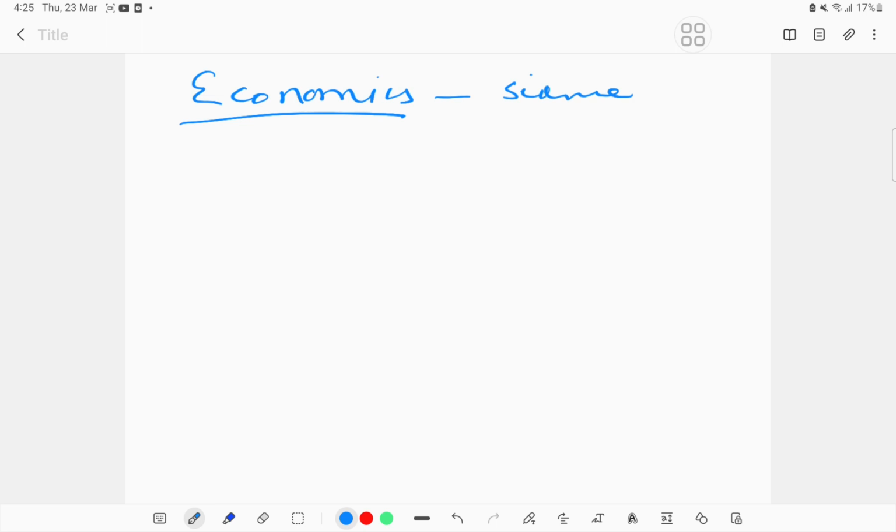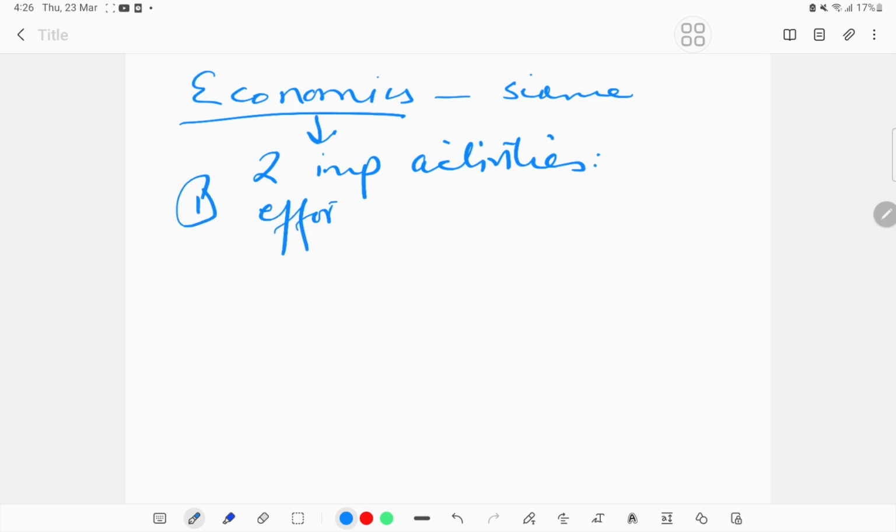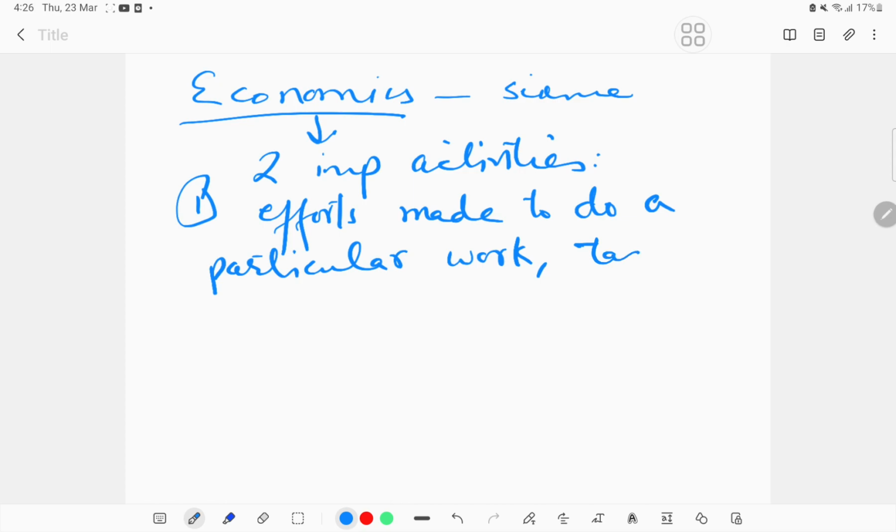So it analyzes human behavior and tries to solve the problems of decision making, and all economic decisions are composed of two important activities. First, it is the efforts made to do a particular work, task, job or economic activity.